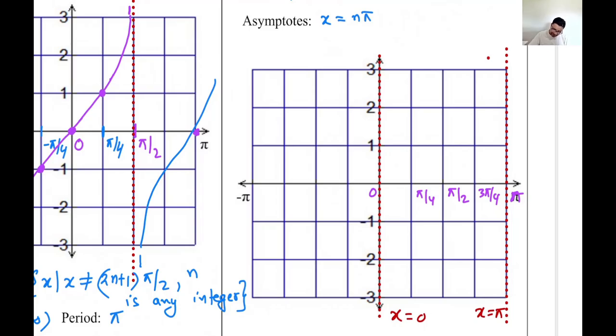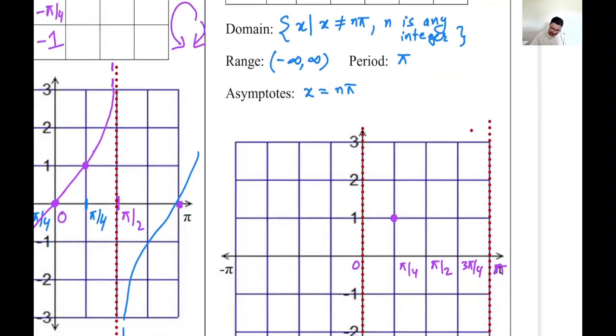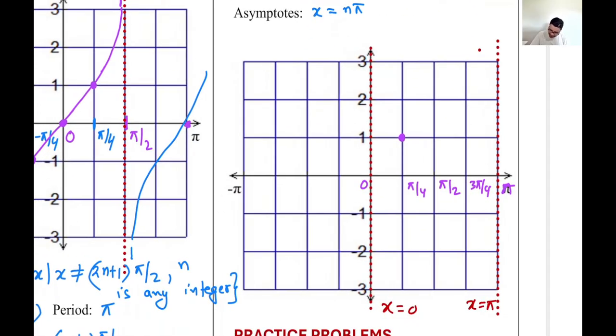What values do I have? At pi over 4, it's 1. And at 3 pi over 4, it's negative 1, right? That's the same as the values of tan, by the way, because 1 and -1 have their own reciprocals. And at pi over 2, it is 0. Now think of a graph which passes through these 3 points and is asymptotic to both those lines.